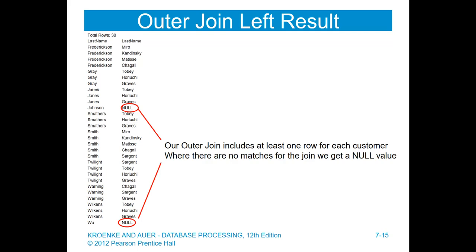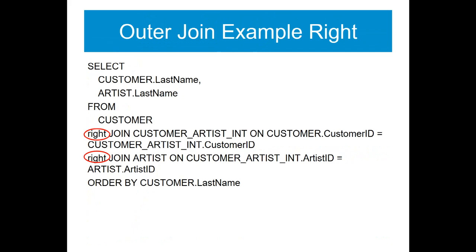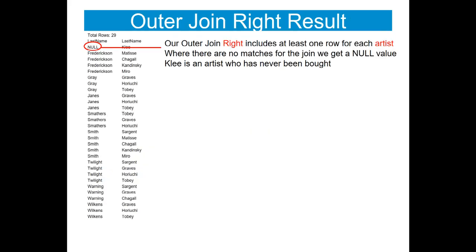Is this what you want? Well, it depends on what you're trying to get, but we can see what our customers are doing. Let's take the same select, the same code, but instead of saying left join, we say right join. And I've circled the word right to make it a little more obvious to you. And let's run it again.